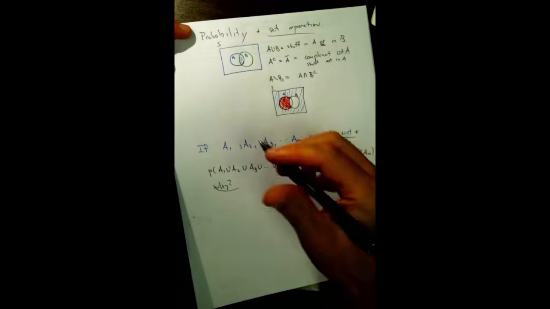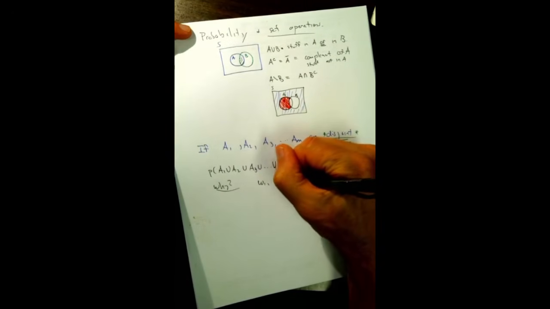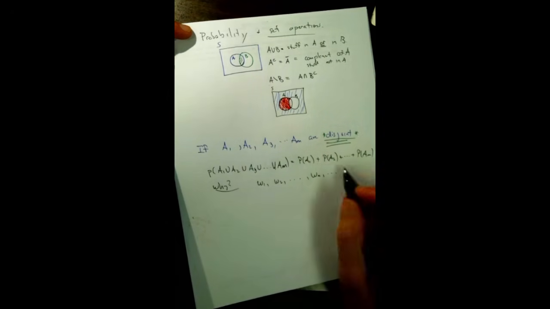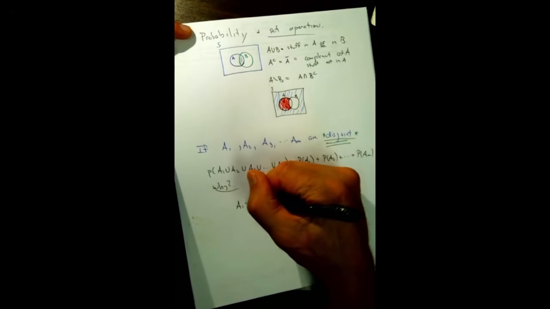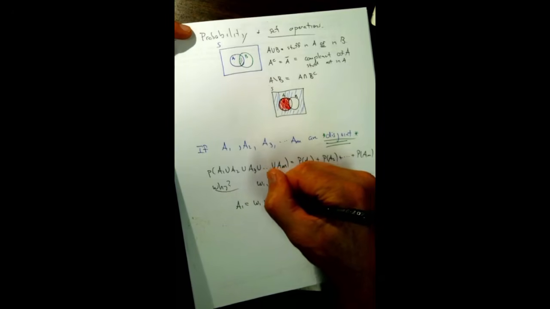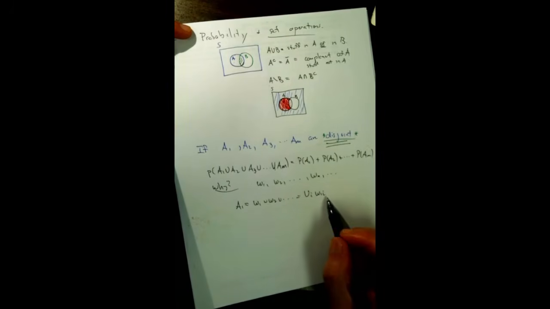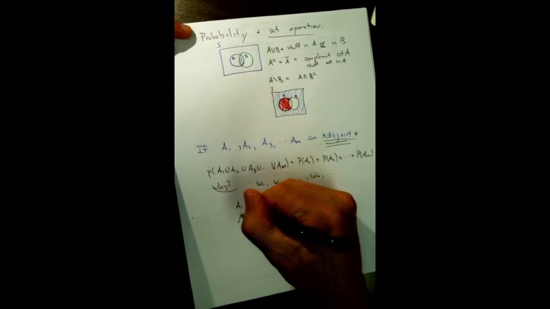Again, we're going back to this idea that we are assuming we have these disjoint sets whose union is the sample space. I'm going to assume that A1 is some union of these things. So we'll assume that this is some union of these W1I's.